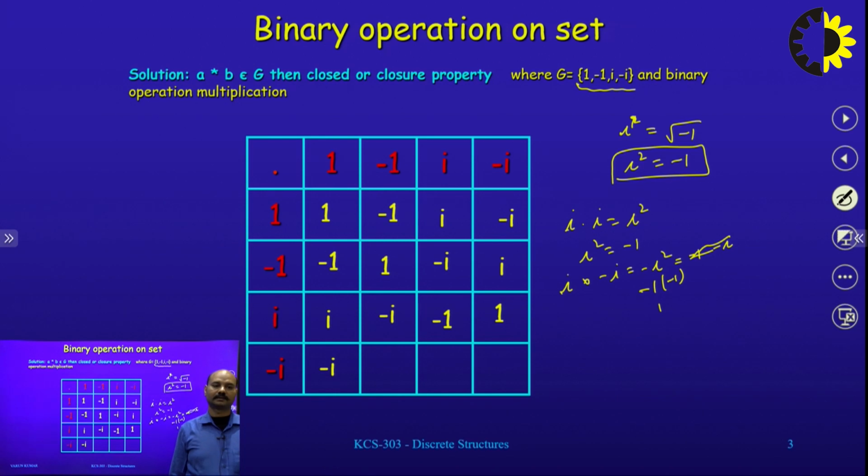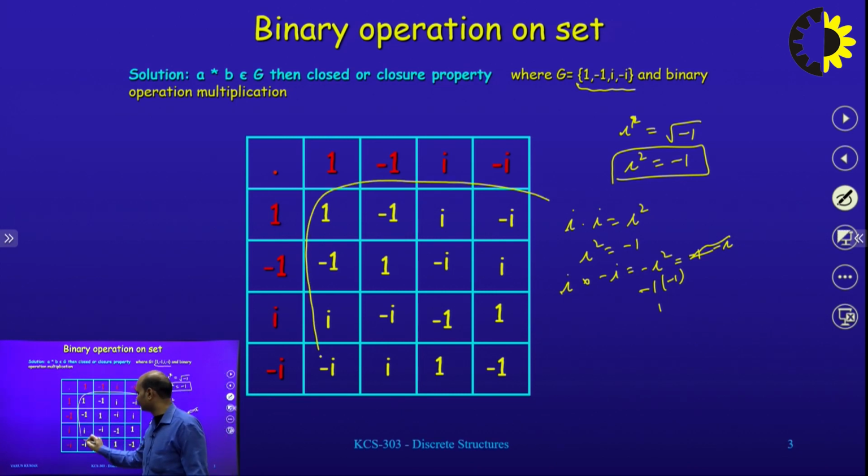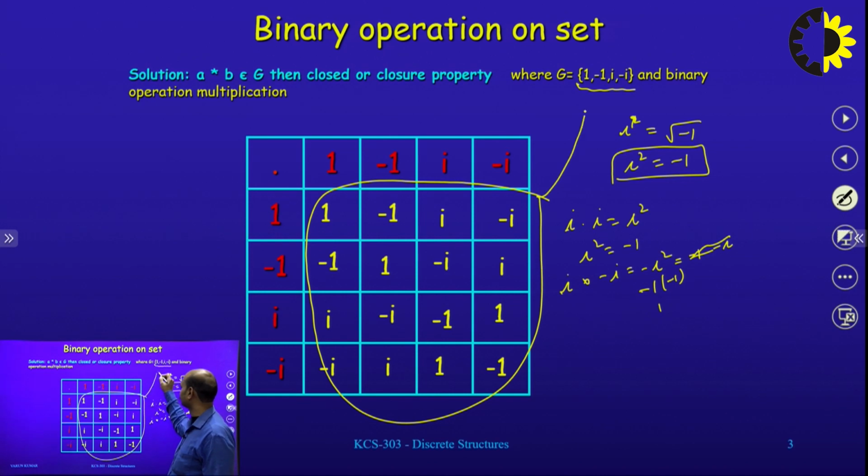Minus i multiplied by 1 is minus i, minus i multiplied by i is 1, and minus i multiplied by minus i becomes plus i square, which is minus 1. So we can say that the product of any two elements belongs to this particular set.